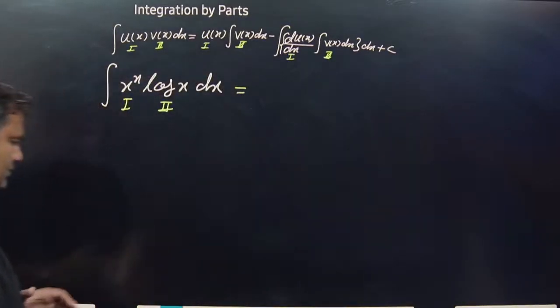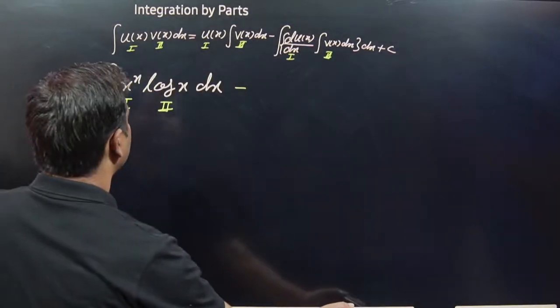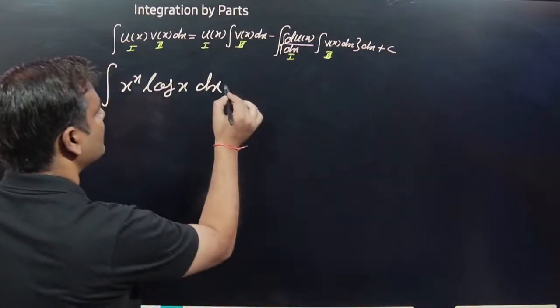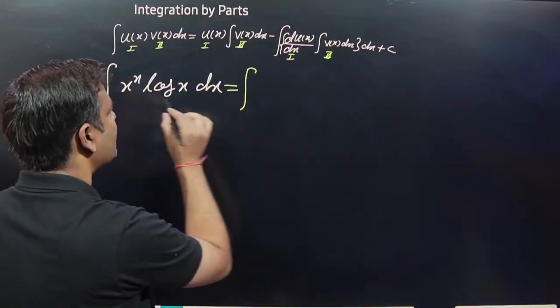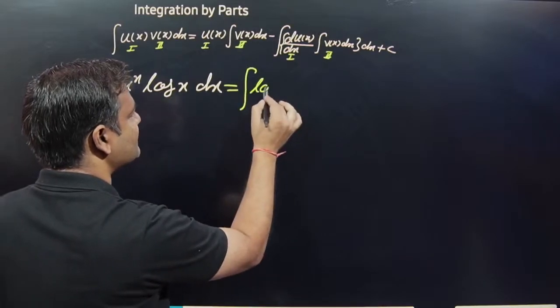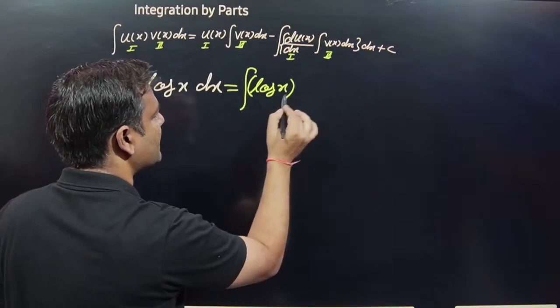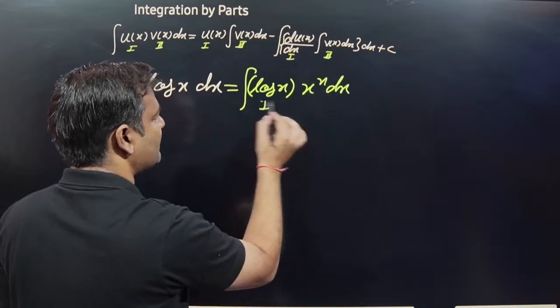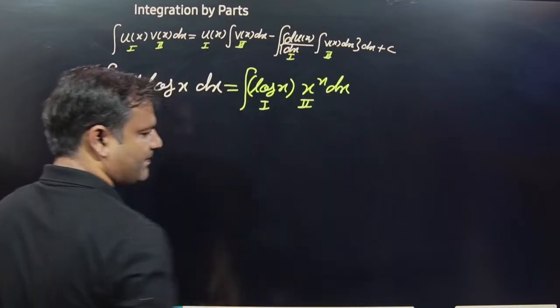Clear? So you can say that log x is taken as the first function into x to power n taken as the second function. Here first and this one second.